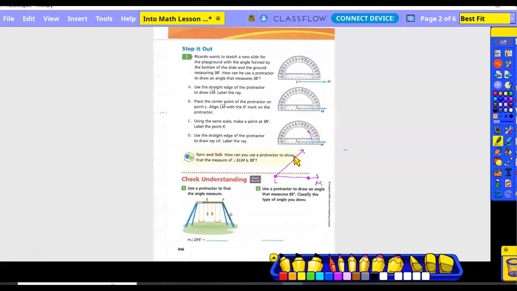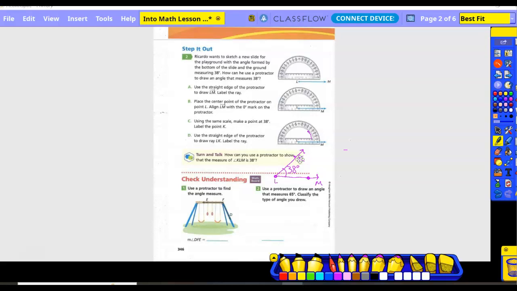And then what did they want this other ray to be labeled, guys? With K. And then what was the measurement of my angle? 38 degrees.